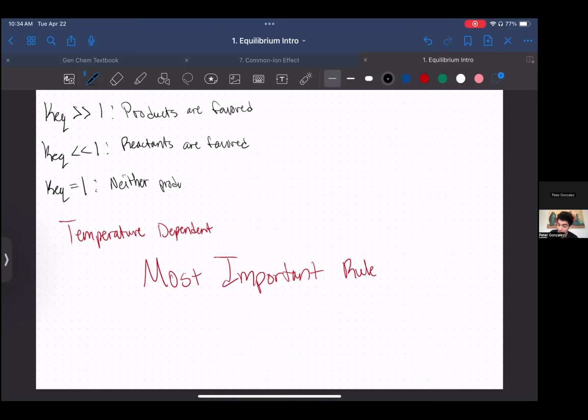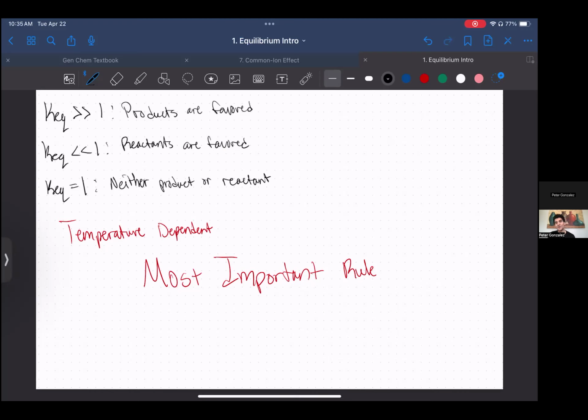Now, I do want to say K_eq being one does not mean you're at equilibrium. That's not what it means. We will get into that in a later video, but if the ratio of this K value to something else that we'll talk about is equal to one, then that means you're at equilibrium. A lot of times students will say, "Oh yeah, the equilibrium constant was one," or they'll get a question like, "When do you know that you're at equilibrium?" and the answer choice will be when the K constant is one.